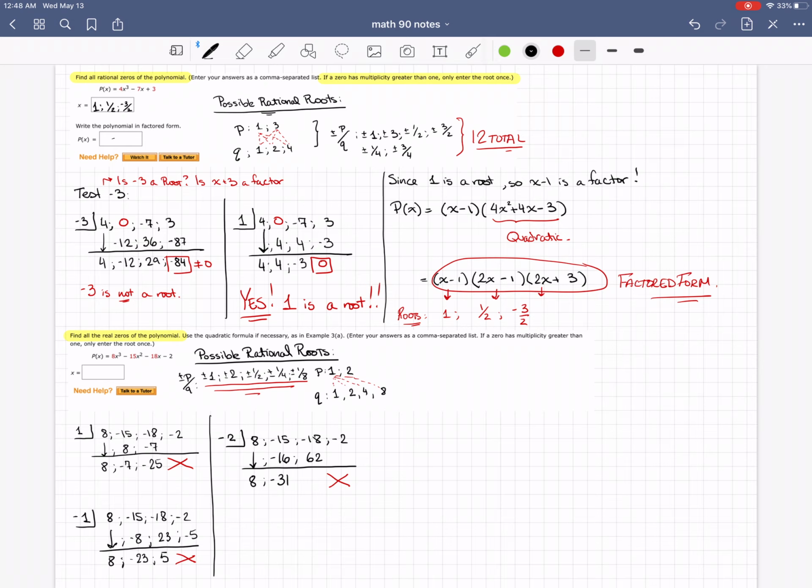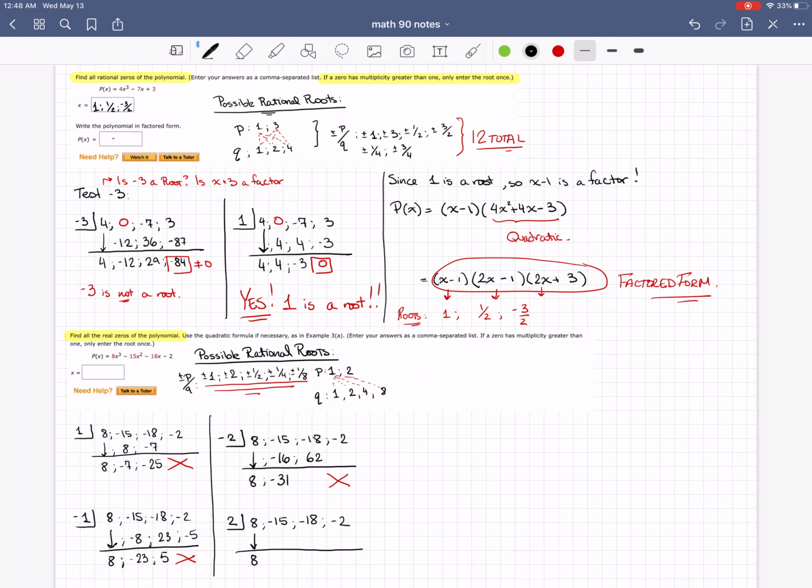All right, so what do we want to try next? We could try 2, right? So we could try asking ourselves, do we think 2 is going to work? So why not? Let's try 2. Just because -2 didn't work doesn't necessarily mean +2 won't work. Okay, so we drop down the 8.